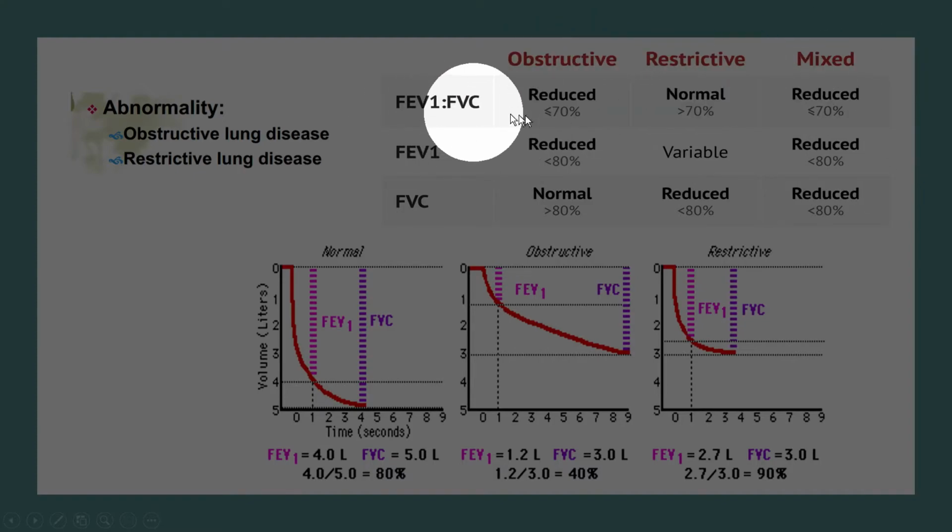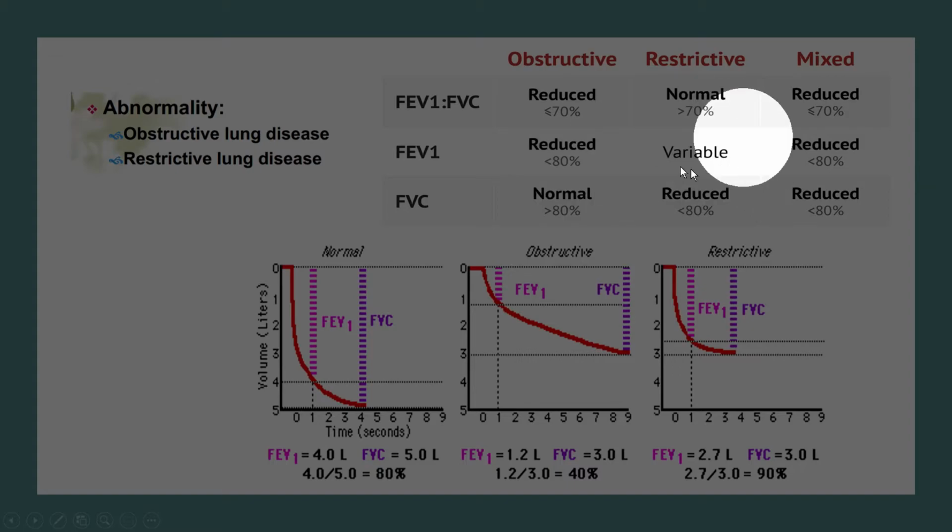This is one of the tables that compares, for example, the FEV1 to FVC ratio, which is reduced to less than 70% in obstructive disease and is normal or more than 70% in the restrictive disease. But if someone has an obstructive plus restrictive problem, then it will be reduced. The value of FEV1 will be reduced to less than 80%.